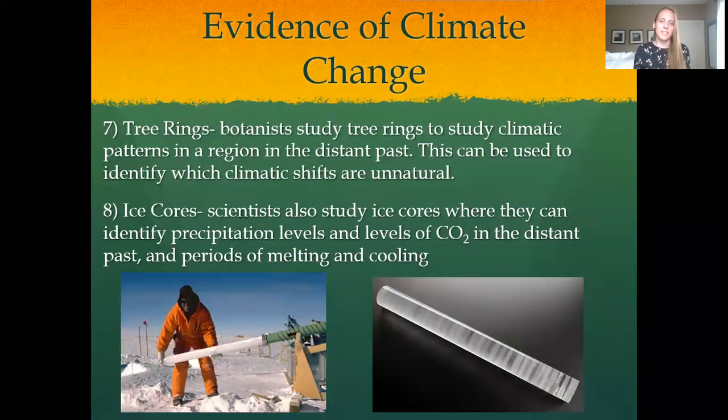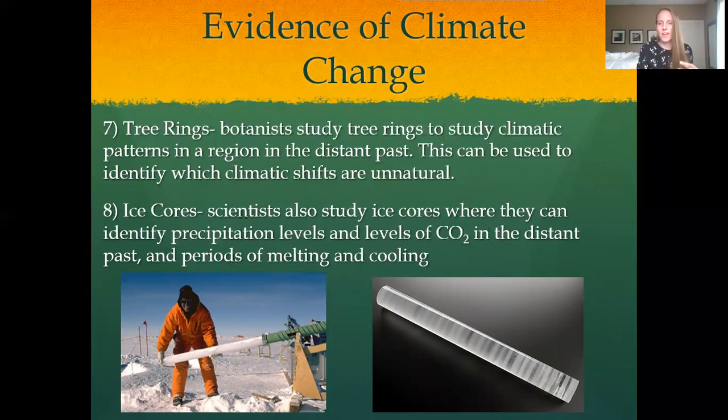And then we have tree rings, which have been studied by botanists. If you look at a really old tree's rings, you can essentially see some of the climatic patterns in the past. So in a tree's ring, you can see if that year of growth had a lot of water, or was it a drought?